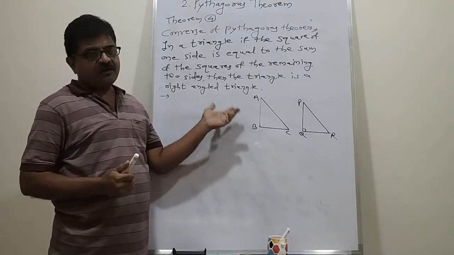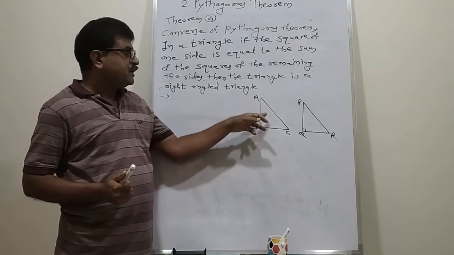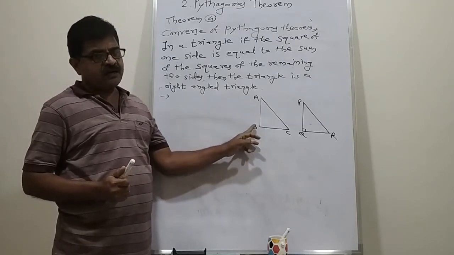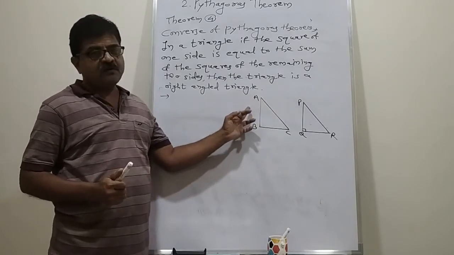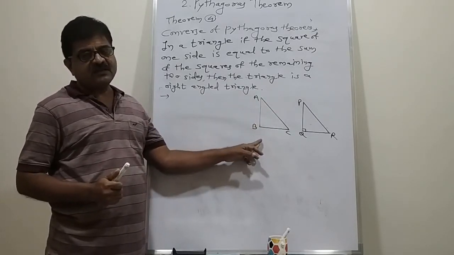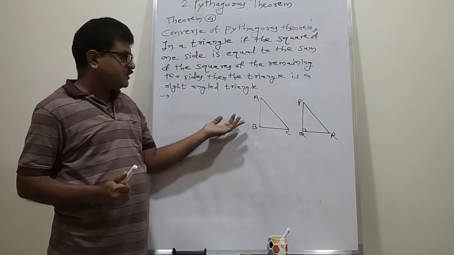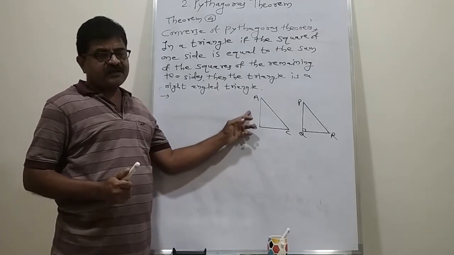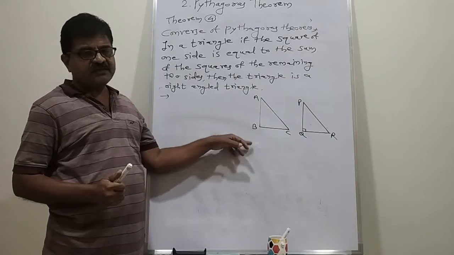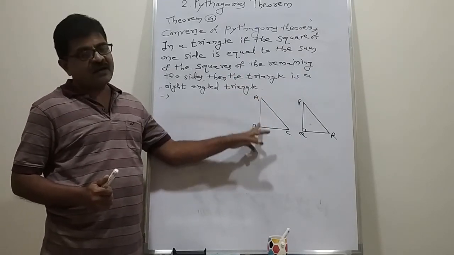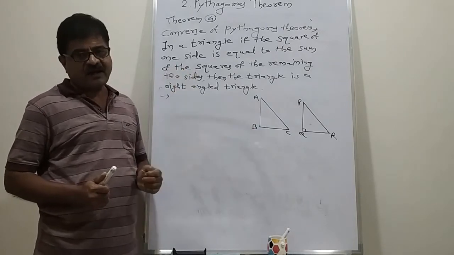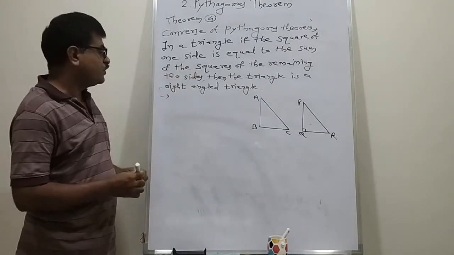Now we know the Pythagoras theorem: in a right angle triangle, the square of the hypotenuse is equal to the sum of squares of the remaining two sides. Its converse is, if the sum of squares of the remaining two sides is equal to the square of the hypotenuse, then the given triangle is a right angle triangle. This is what we have to prove.